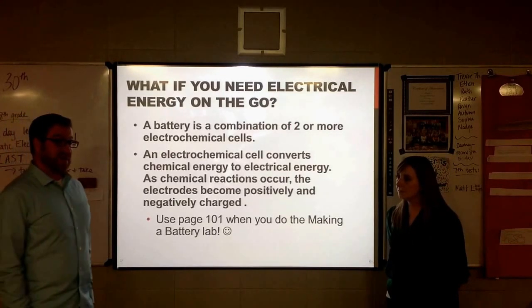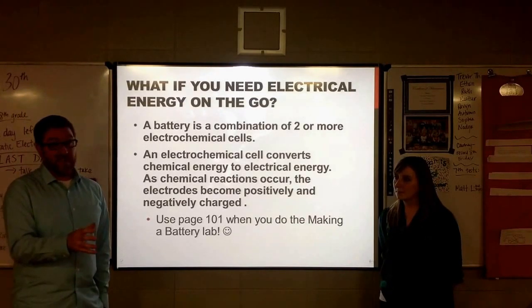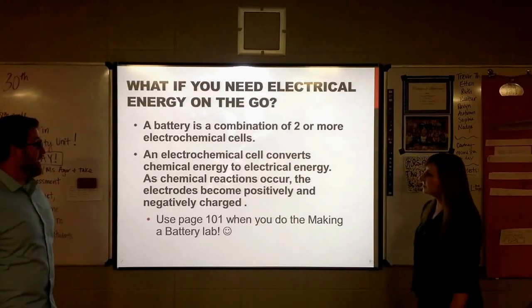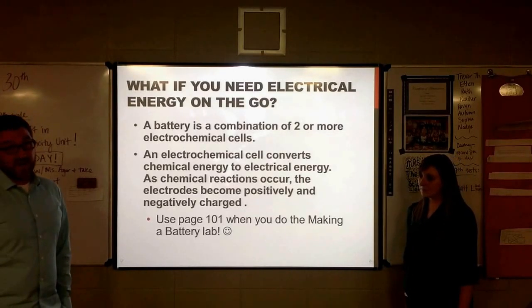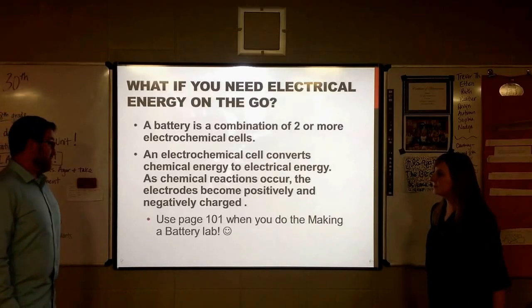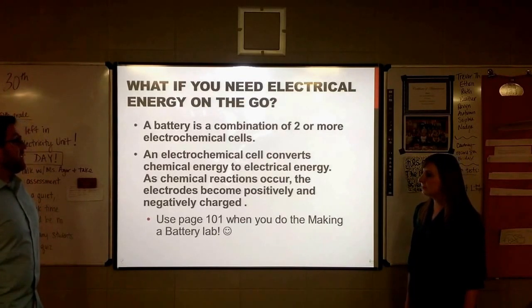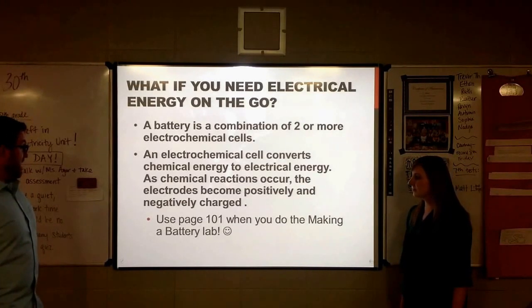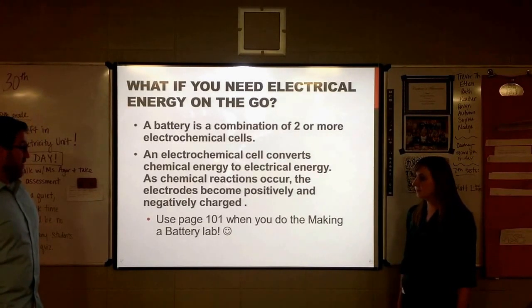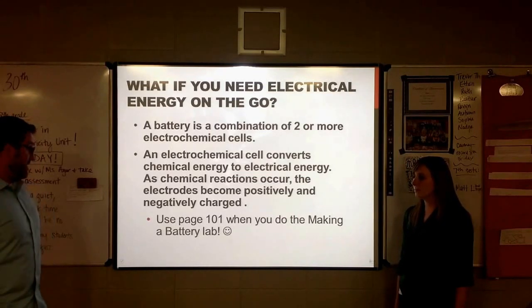We've been using batteries a lot lately, and now's our opportunity to dig in and see how they work. So a battery is a combination of 2 or more electrochemical cells. Now, an electrochemical cell is basically a fancy term for a battery. It converts chemical energy to electrical energy, and as chemical reactions occur, the electrodes become positively and negatively charged.